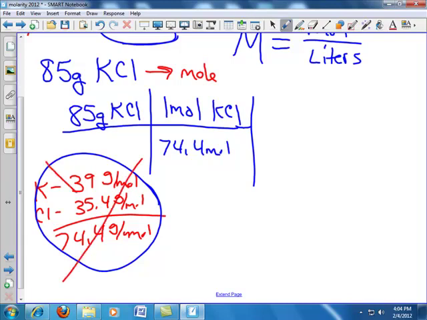I do not want to see this anymore. You shouldn't have to show me. You should just be able to type it into your calculator. Okay, so we do this math and we find out that we have 1.14 moles of KCl. So I now have my number of moles.